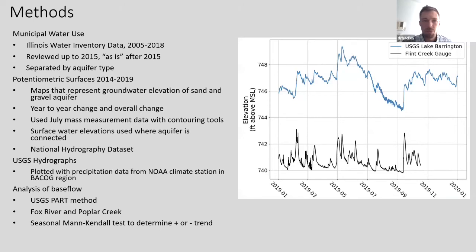Okay, so we wanted to take all of that data and put that together, and also make a story about what's happening in terms of municipal water use. And for the municipal water use story, we looked at data that has been given to us through the Illinois Water Inventory Program, and we looked at data from 2005 up to 2018.